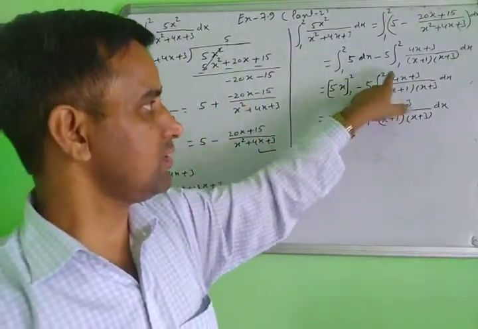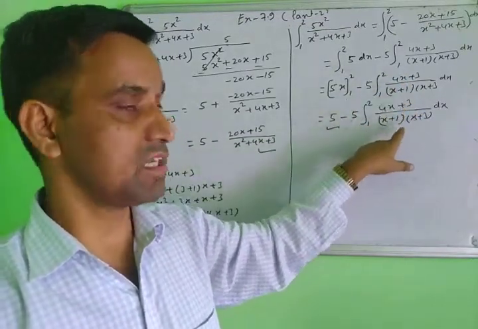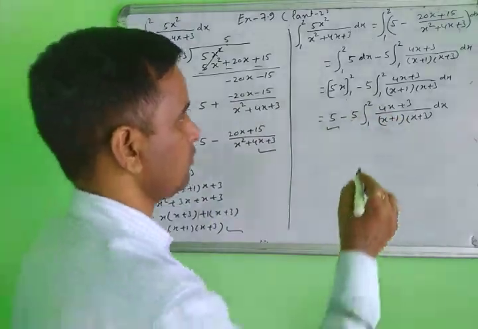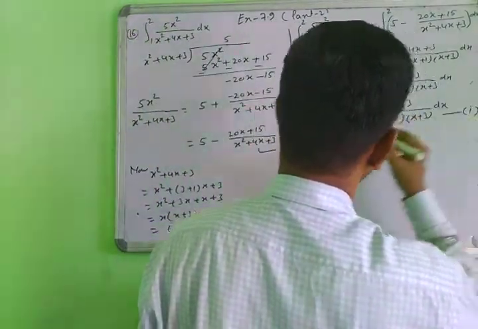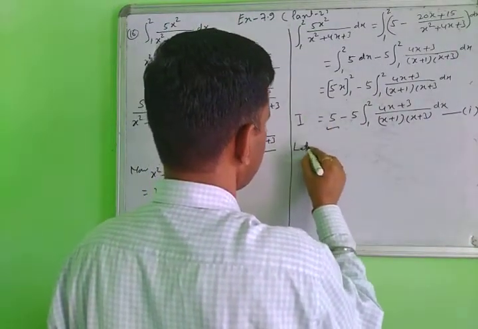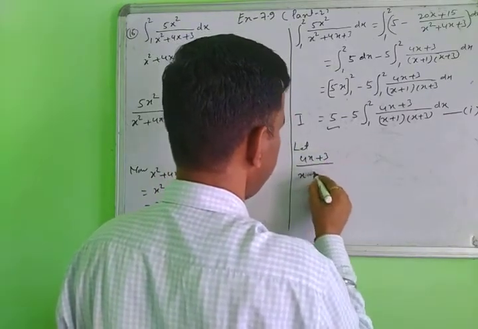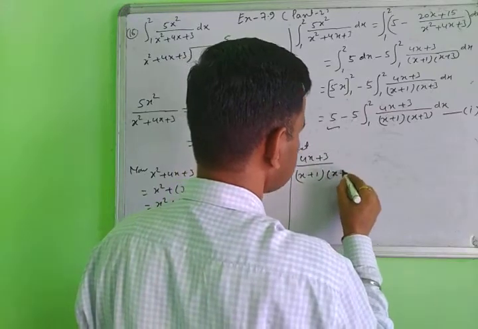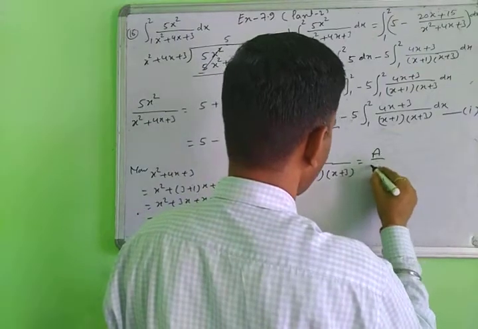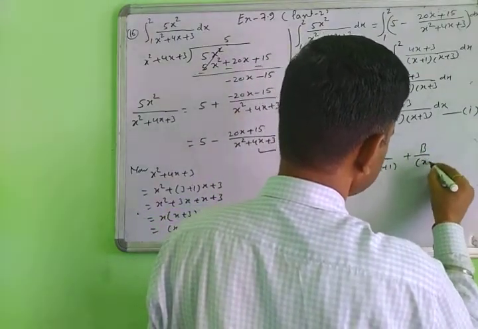And this portion you will solve by partial fractions. Look at this portion, this is a partial fraction form, so you will solve it accordingly. Now make this the first equation. This is the integration I. Let (4x plus 3) upon (x plus 1)(x plus 3) equal a upon x plus 1 plus b upon x plus 3.